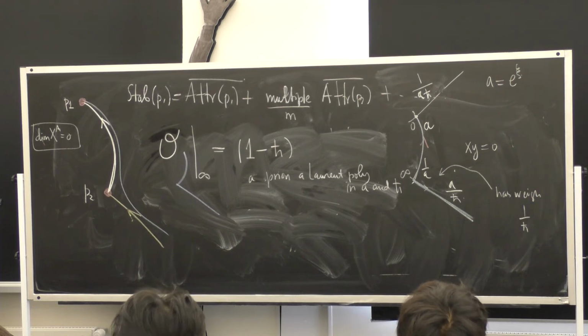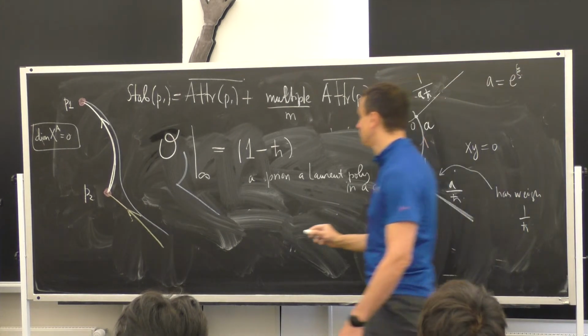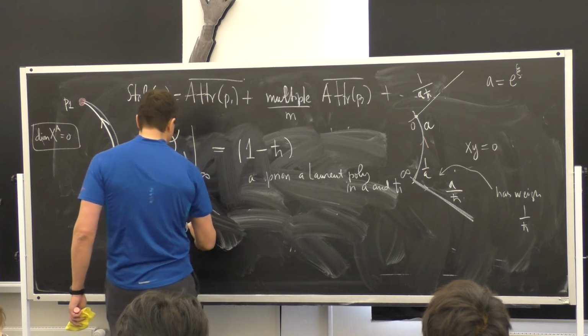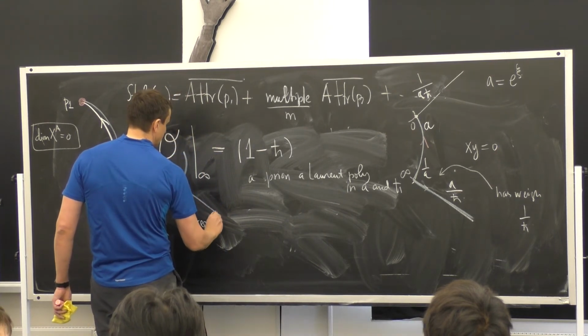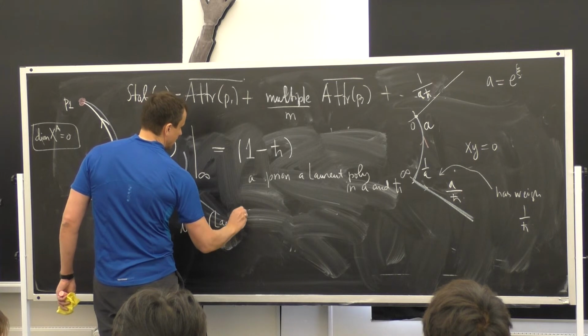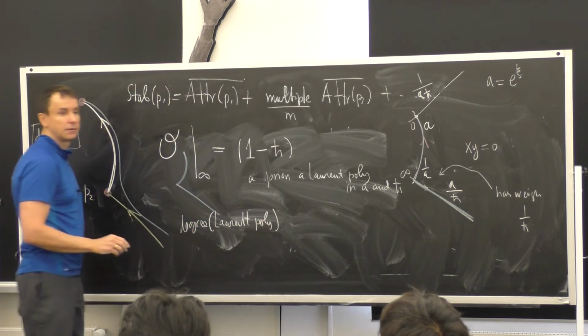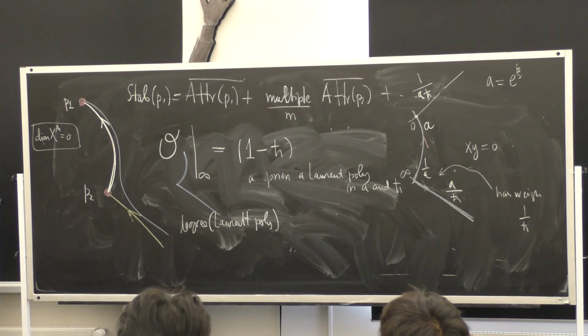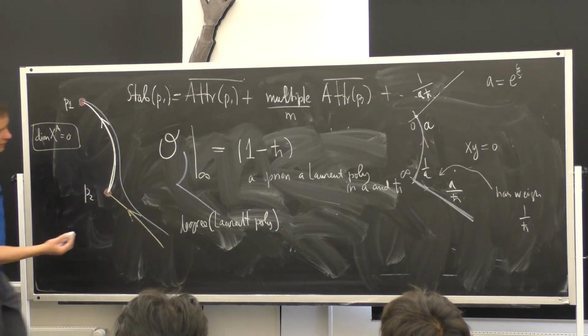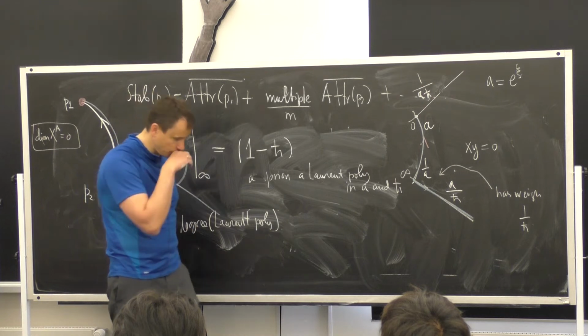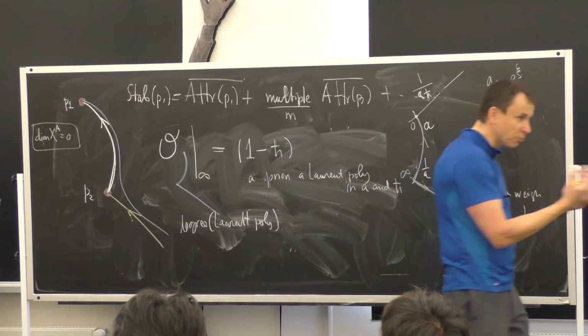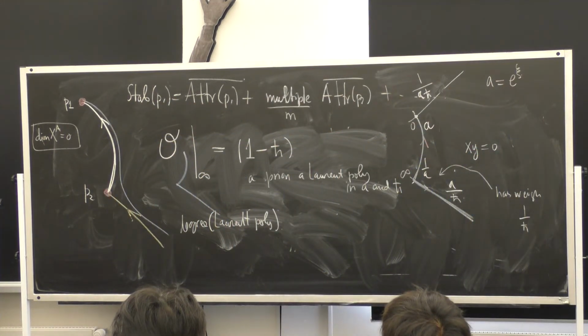When we compute the degree of a Laurent polynomial, what should it be? It's not a number, if you will.